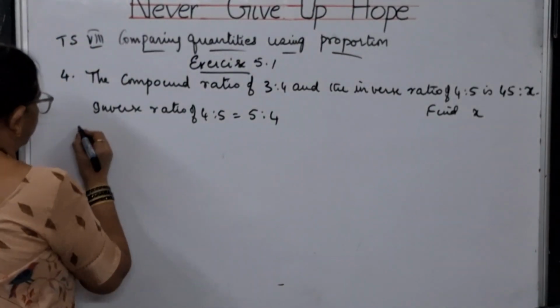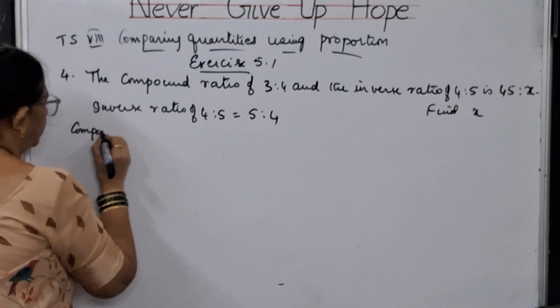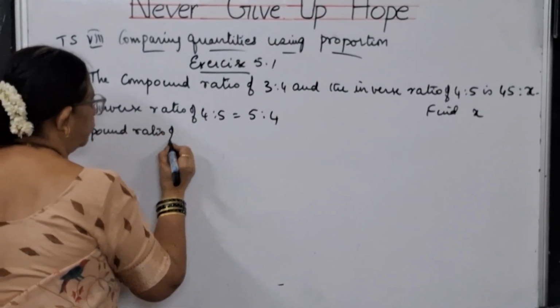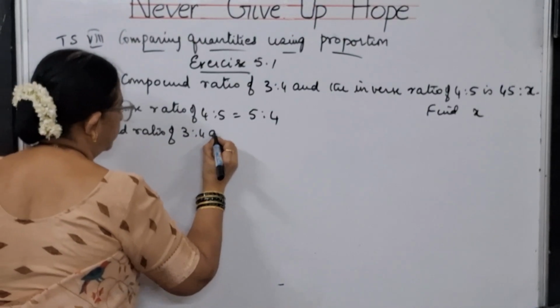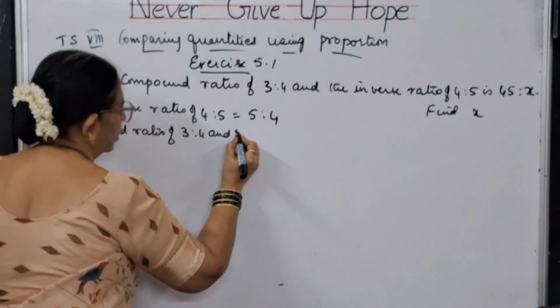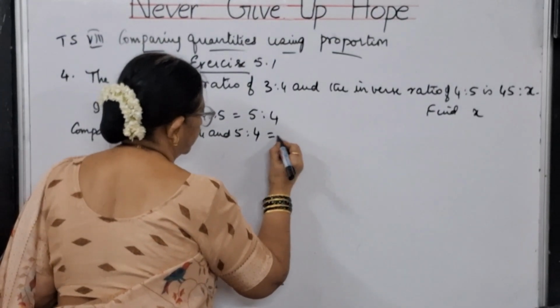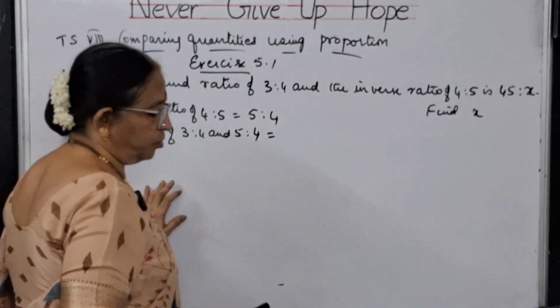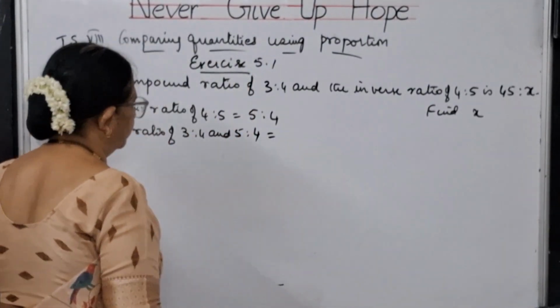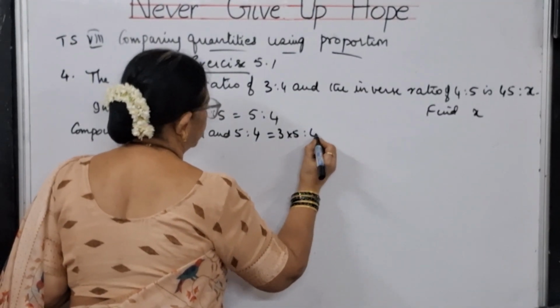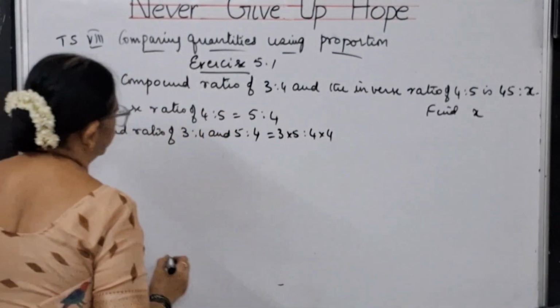So we have to find out the compound ratio of 3 is to 4 and 5 is to 4. That is 3 into 5 is to 4 into 4.